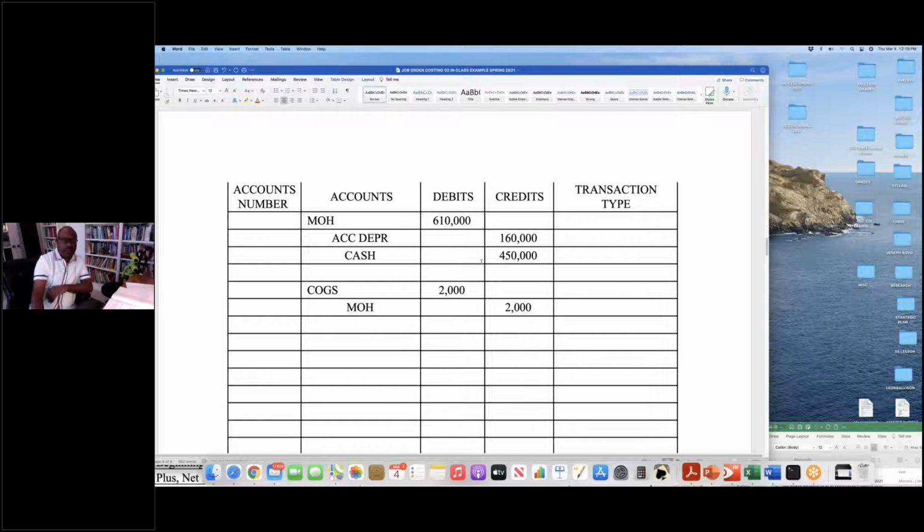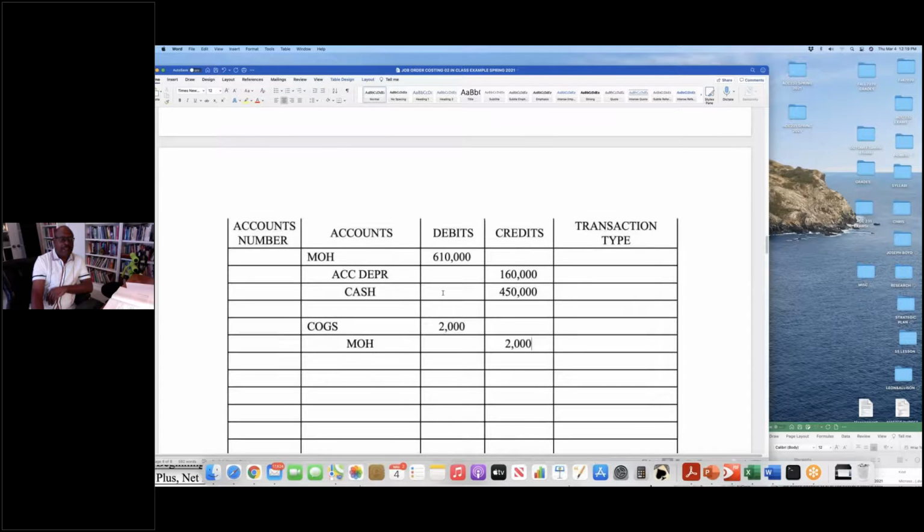Okay. Any questions on this entry? That's just a little standard entry that we make.